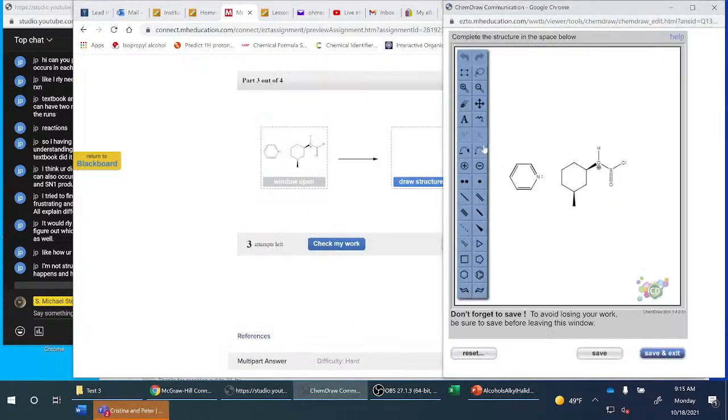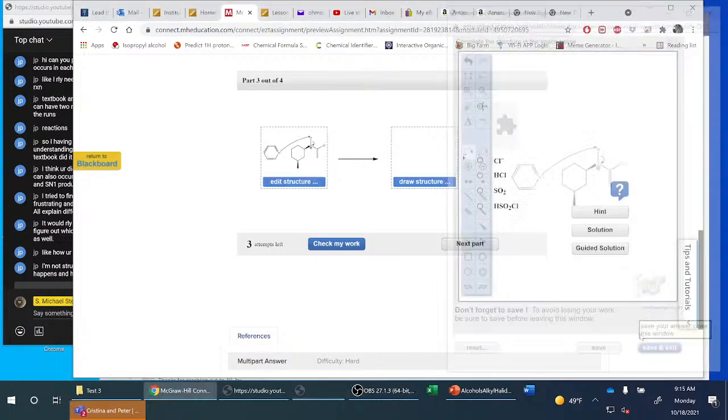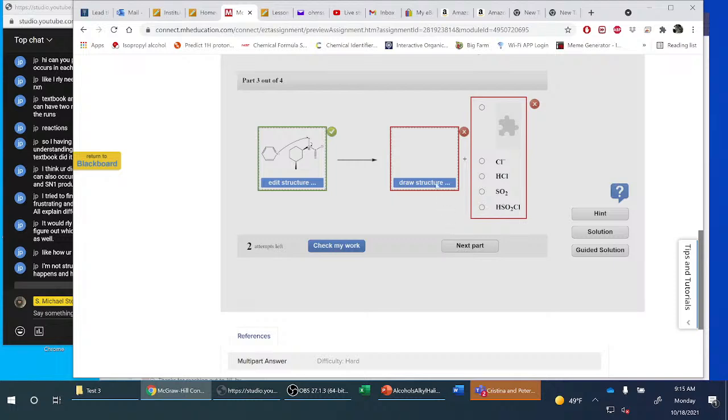Pyridine is going to abstract your hydrogen. And I am not drawing this whole bit of nonsense.